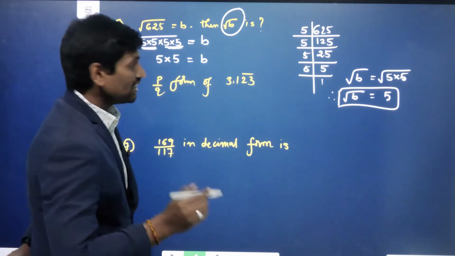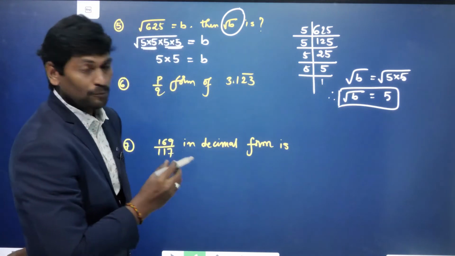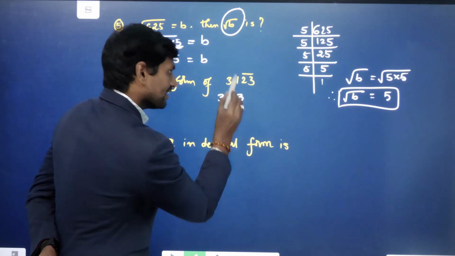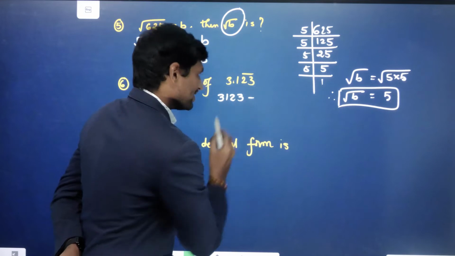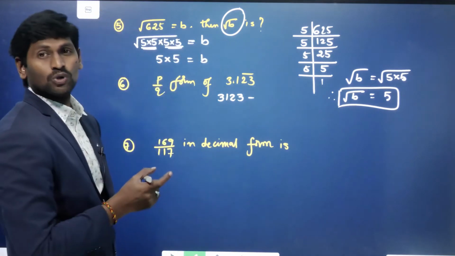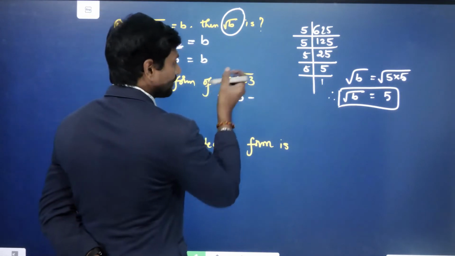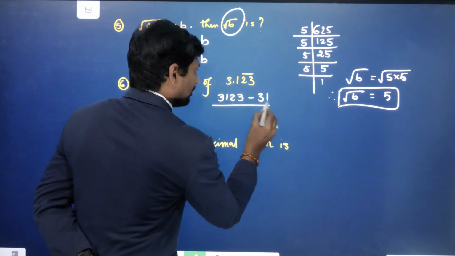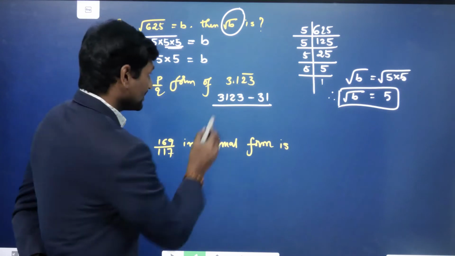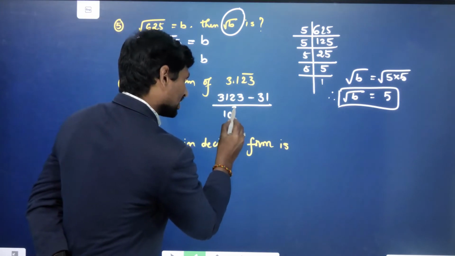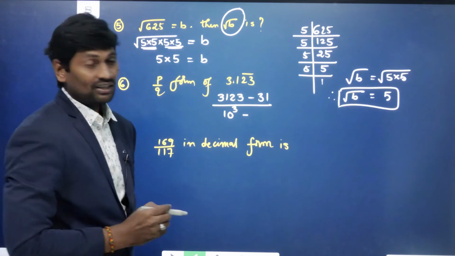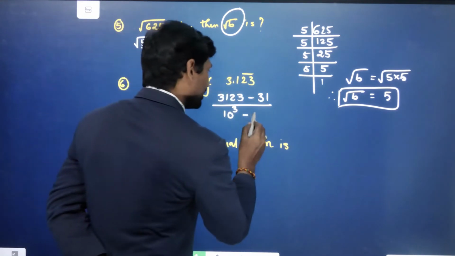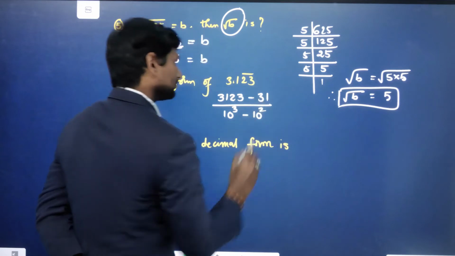3.123 with the bar, without the bar and without the decimal point, we can write 3123 minus, I have to take only the numbers which are not involving the bar. That means 3 and 1, 31. Divided by, after the point, how many decimals? 3 decimals, 10 cube, and minus, how many decimals are repeating? 2 decimals, that means 10 square.